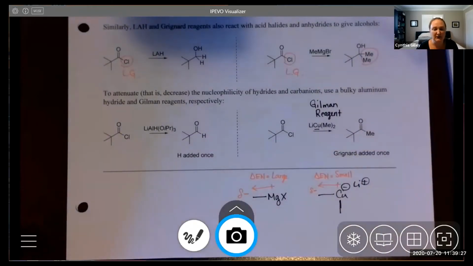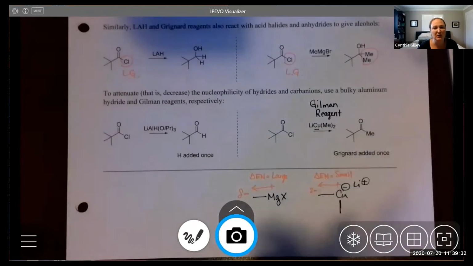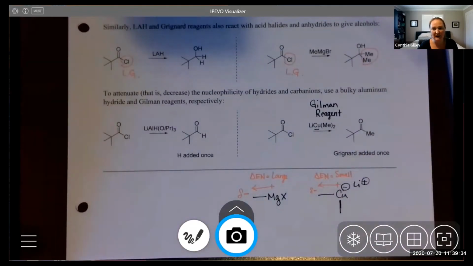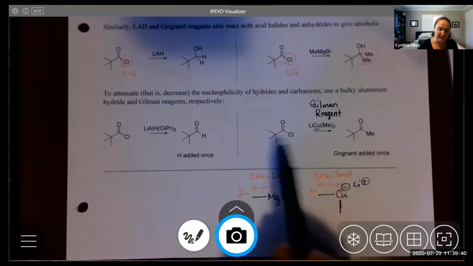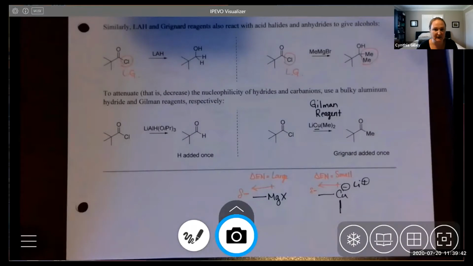So we're able to make a ketone, which is really helpful. Sometimes you want to make a ketone, not an alcohol. You don't want to incorporate two methyls, you just want one. So it's advantageous to go directly to the ketone, and we can use the Gilman reagent for that.